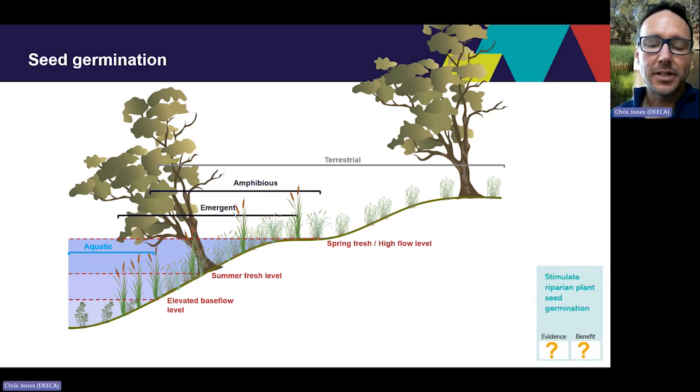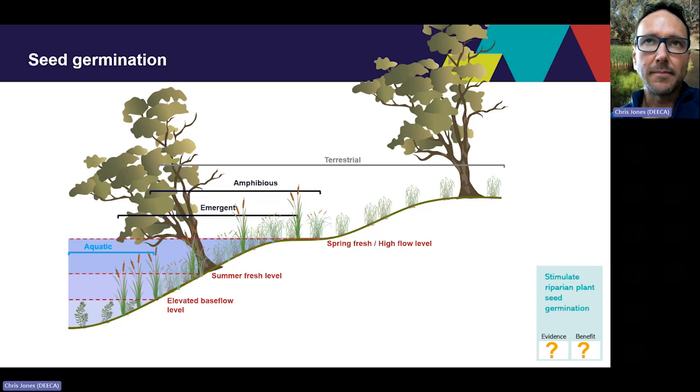The next one is seed germination, and we looked at thousands and thousands of seedlings, hundreds of thousands actually, over the 8-year period, to look at when seedlings pop up in relation to flows. In most cases, terrestrial plants respond to rainfall. Rainfall comes through in autumn and there's a germination trigger. In some cases, riparian plants do that as well. However, the subsequent freshers in spring and summer also trigger germination, and much more so for riparian plants than terrestrial plants.